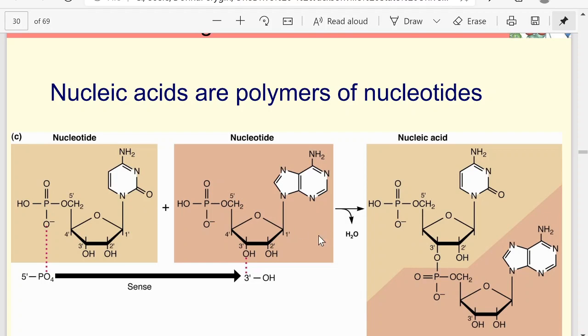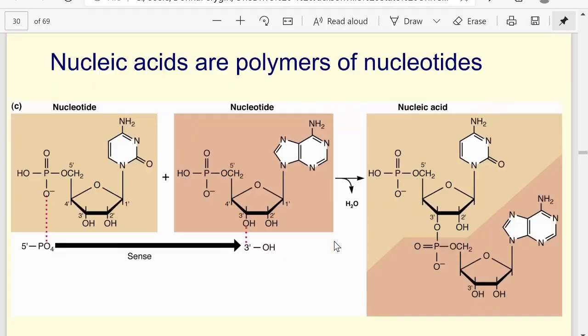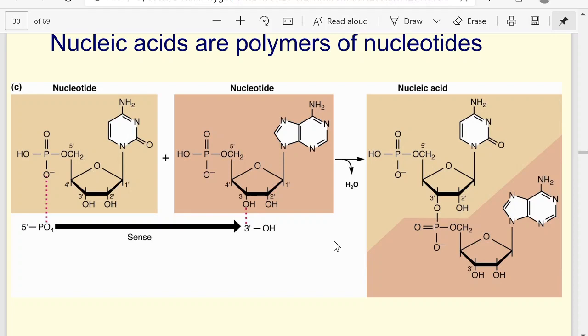And here we have some nucleic acids that are polymers of nucleotides, and our sense here is that we have the 5' end. This is the fifth carbon on this ribose sugar. We have 1, 2, 3, 4, 5 carbons on that sugar, so this is called the 5' end.